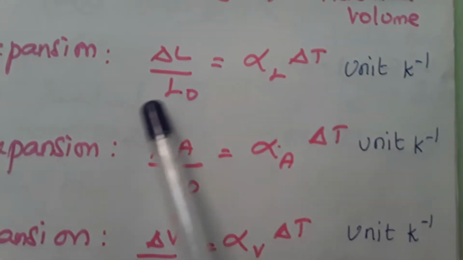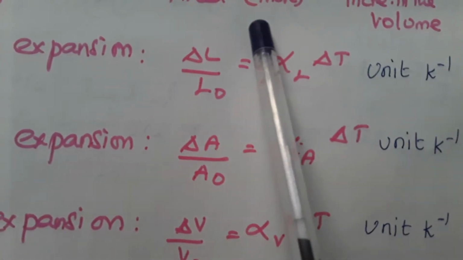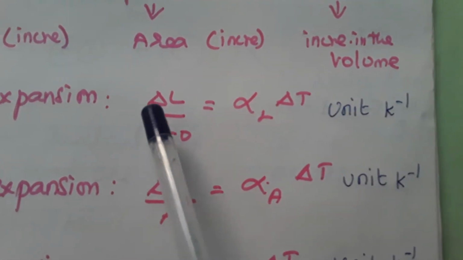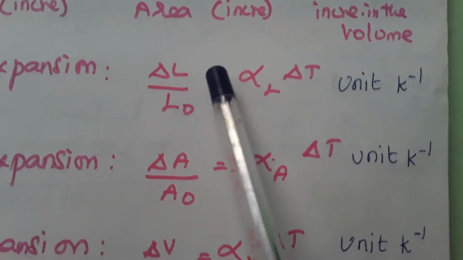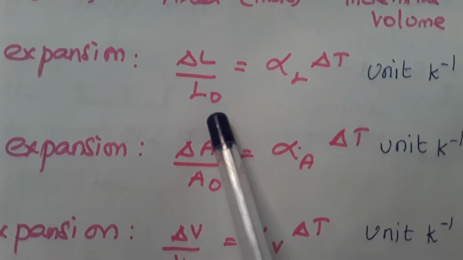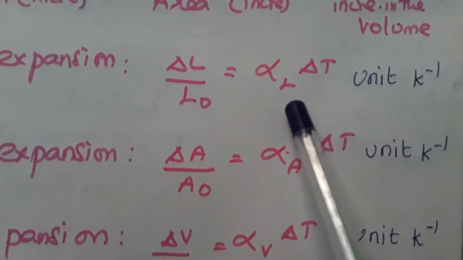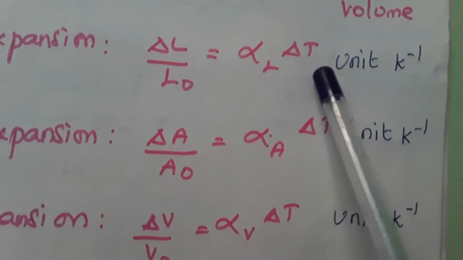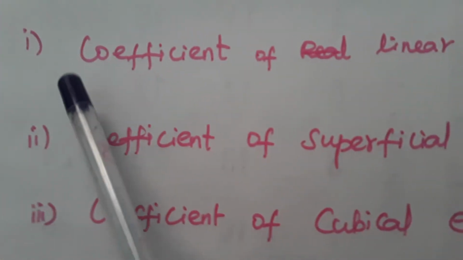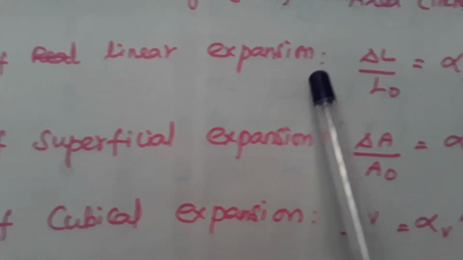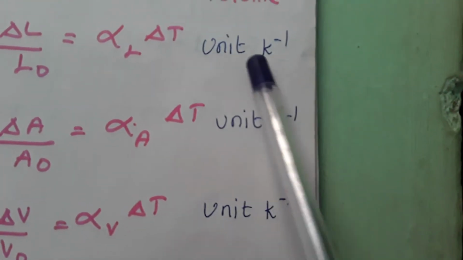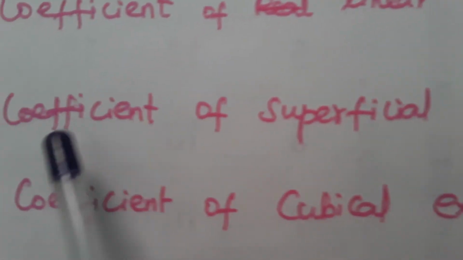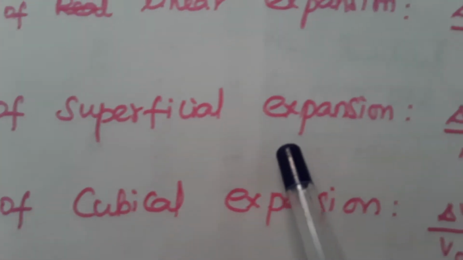This is the formula for linear expansion: delta L by L naught is equal to alpha L delta T. Here delta L is the change in length, L naught is the original length, alpha L is the coefficient of linear expansion, delta T is the change in temperature. And the unit of coefficient of linear expansion is Kelvin inverse.